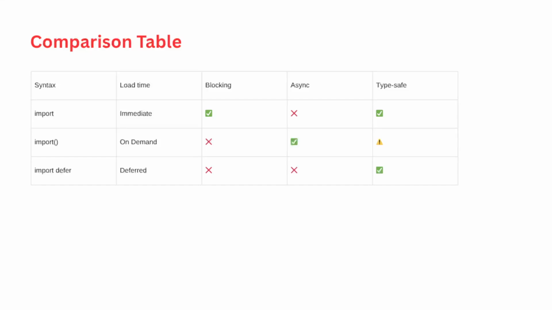A last comparison table. So with the import, we have the load time immediate, we have blocking, of course, but it's type safe. With the await import, we have non-blocking, we have async, but we don't have the type safety. When we go for import defer, load time is deferred, and we get type safety, right?